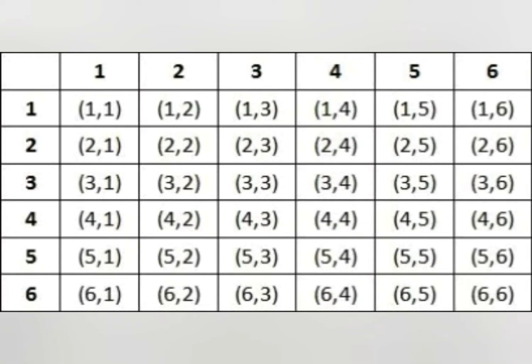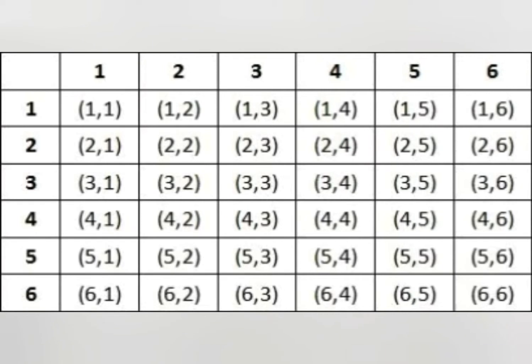In the horizontal and vertical lines we can make a column and a row, and in the column and row we can write the 6 numbers. As you can see in this picture, the 6 numbers are present in the horizontal and vertical rows. So here, students, in the horizontal line we have number 1 and in the vertical line we have number 1.